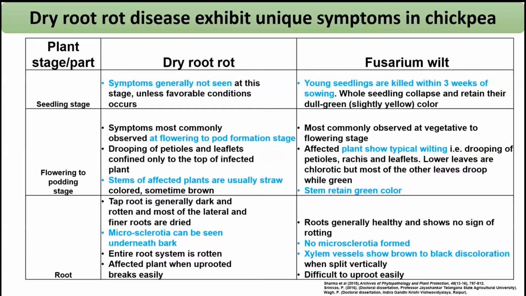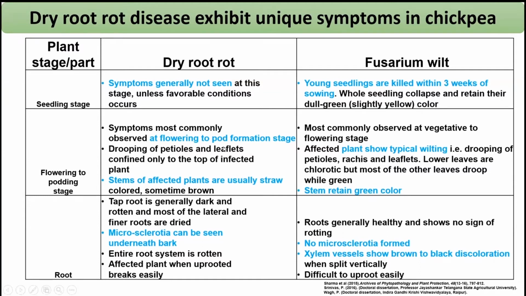In this table, I'm going to explain the distinct symptom appearance between dry root rot and Fusarium wilt. The dry root rot disease is generally not seen during the seedling stage. In contrast, the young seedlings infected with Fusarium oxysporum are killed within 3 weeks of sowing.